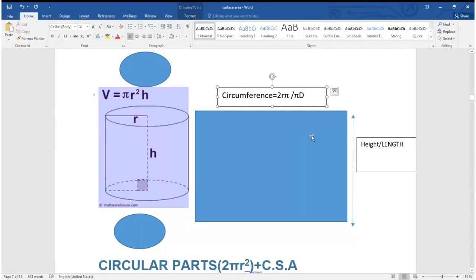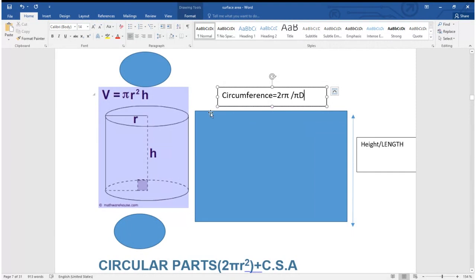So surface area is something that you can touch. Okay. Now for this cylinder here, which is closed, we have the top part which is circular, which I can touch. We have the bottom part which is circular, again I can touch, and they are similar circular parts. And then you have the curved surface area which is opened to form a rectangular shape. So how do you find the area of a rectangle?